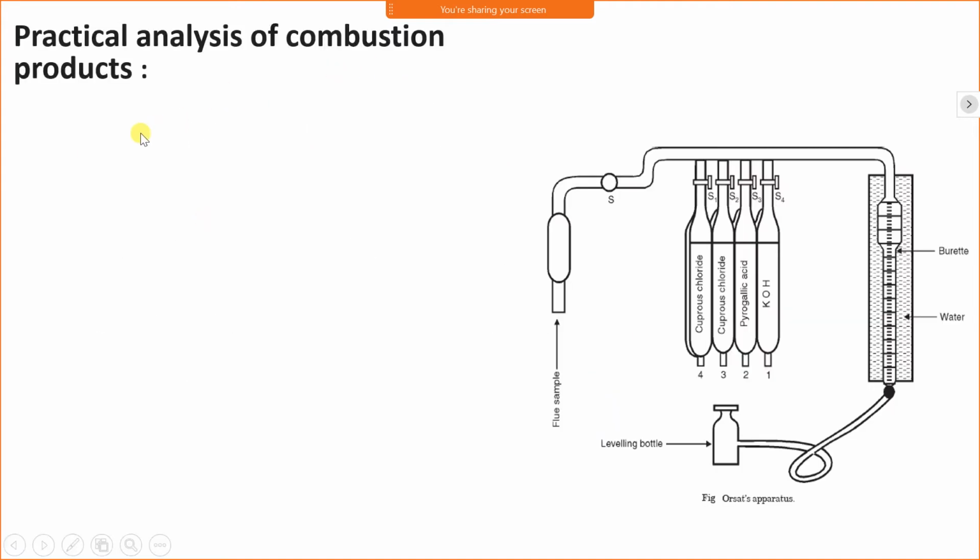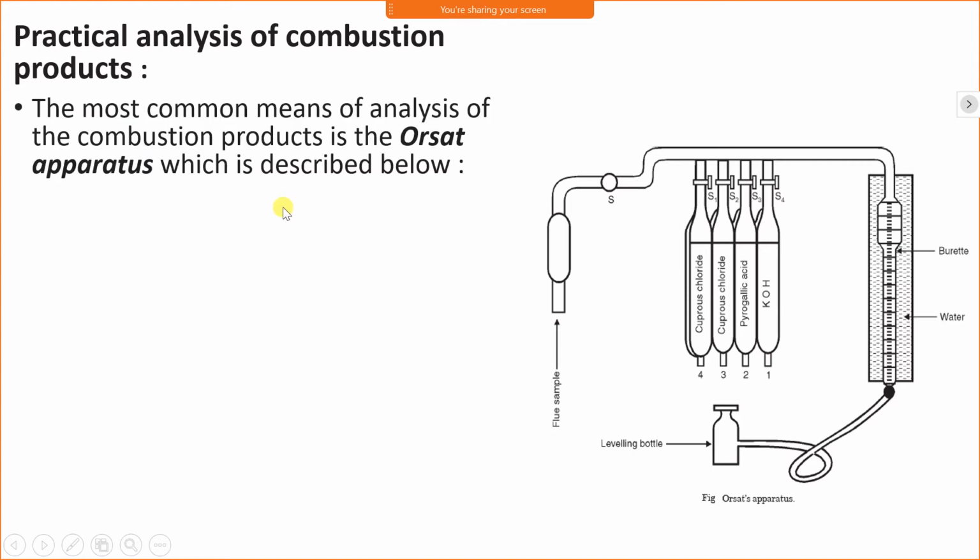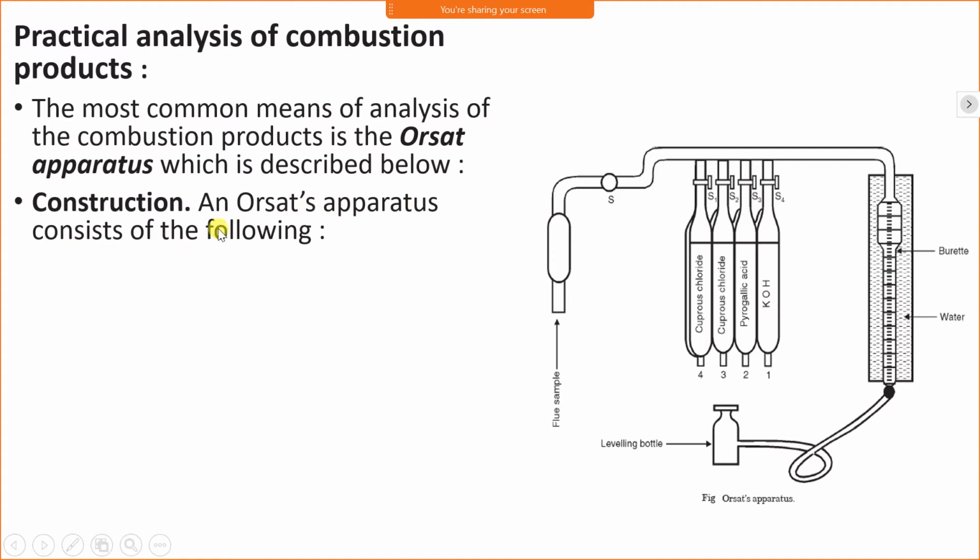Practical analysis of combustion products. The most common means of analysis of combustion products is the ORSAT apparatus, which is described below. Construction: look here. It consists of a leveling bottle which is connected to the burette by a pipe. Then the burette is connected with the 4 pipettes, and each pipette contains a different chemical.